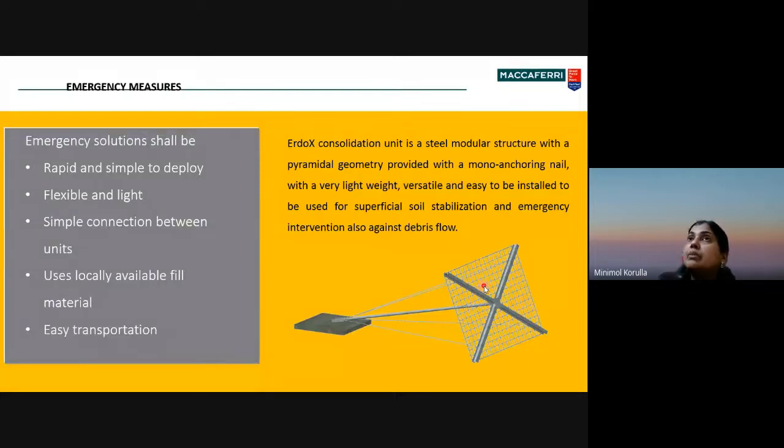This is also very much required, especially in hilly terrains where a lot of repeated calamities are happening. In our places like Munnar or Idukki or Nedumkandam, every year after the flood times, some measures may suddenly have to be adopted. But in places in Himalayan states, the quantum of disaster that happens may recur immediately, within 2 to 3 weeks.